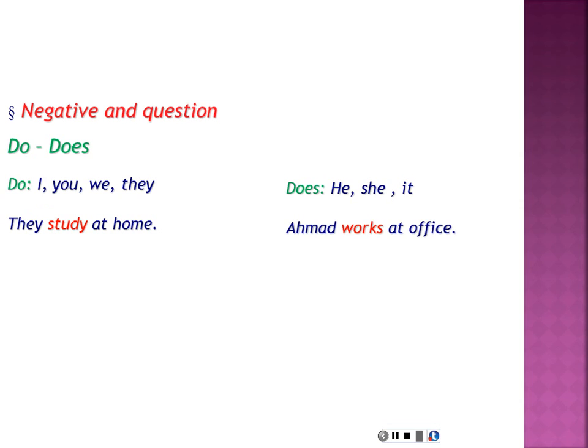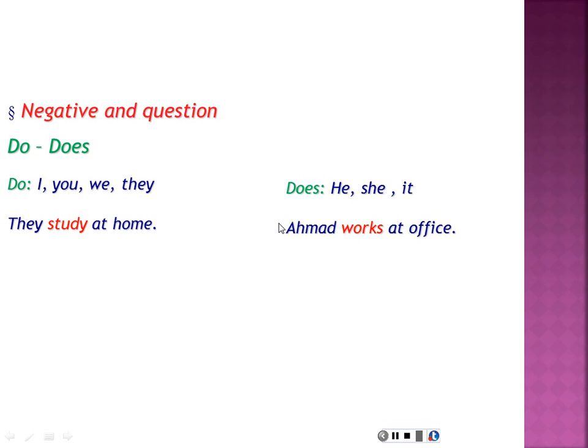And here for does we have Ahmed works at office. As you can see, we add s here to the verb because we said with singular third person we add s because we have Ahmed.